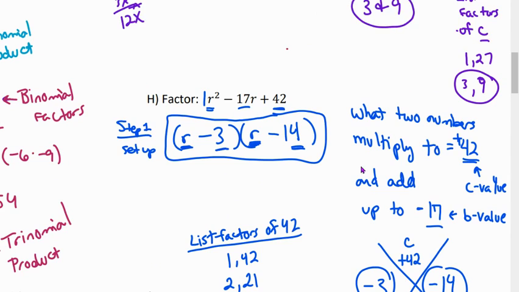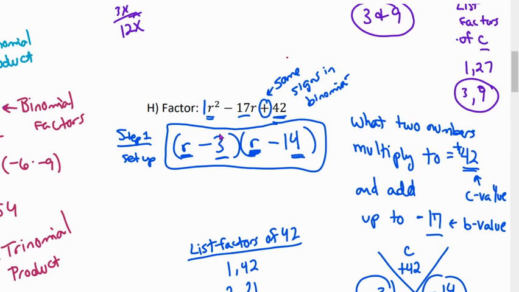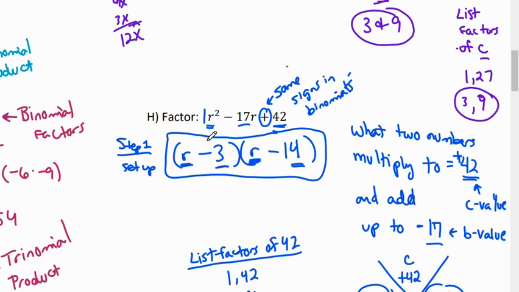Okay, so what do we notice about the signs in the binomials? Again, our C value was positive. So in our binomials, are these signs the same or different? They're going to be the same, because a negative times a negative is a positive, just like a positive times a positive is a positive. However, they have to both be negative in order for them to add up to a negative 17.